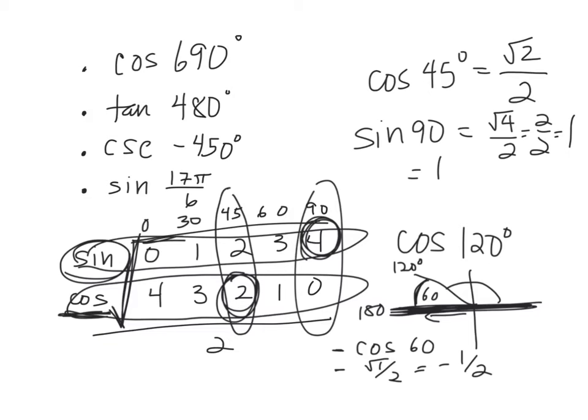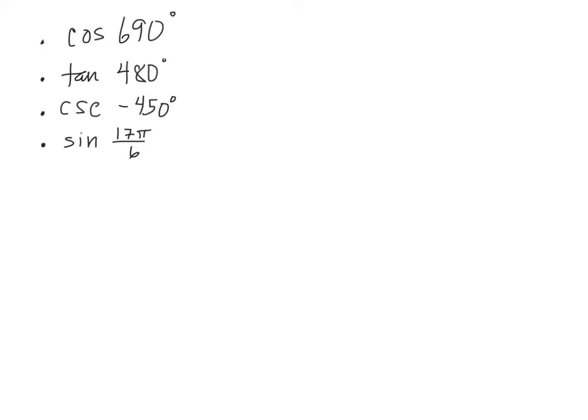I hope that's making some kind of sense. But we are going to practice all this with these 4 problems. Okay, so cosine of 690. The first thing we want to do is find the reference angle for 690. We want to find the nearest x-axis and find the distance between 690 and that.